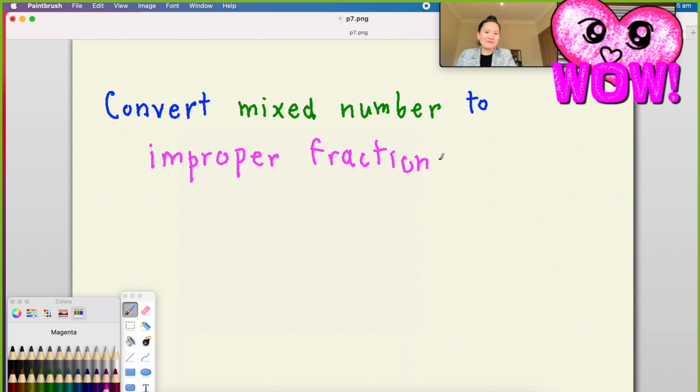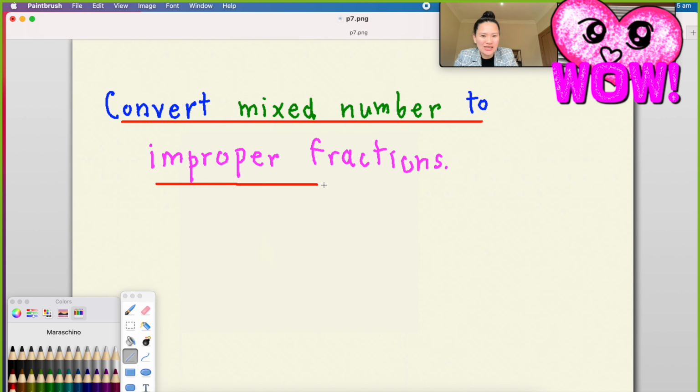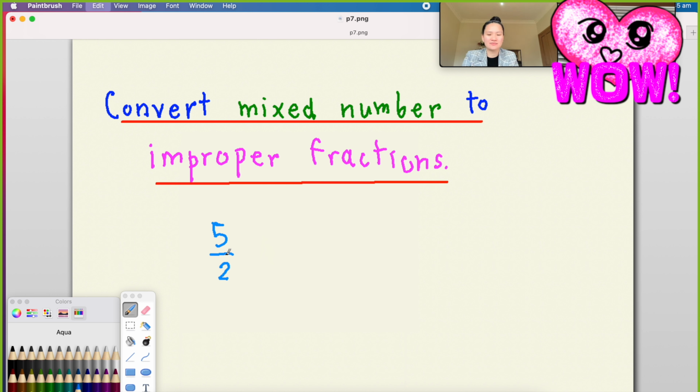Okay, how is proper fraction different from improper fraction? Improper fraction is the one where, for example, the numerator is greater than the denominator. Okay, this one is an improper fraction.